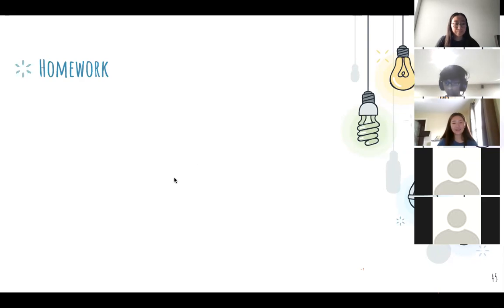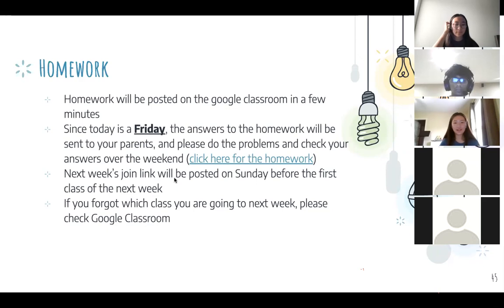Okay, well, I can go over the homework. So today is obviously Friday. So we won't have another class tomorrow, and this is actually our last class for pre-algebra. So the answers to the homework will be sent to your parents, and you should do the problems and then check your answers over the weekend. We'll give you the answer key after this class is over.